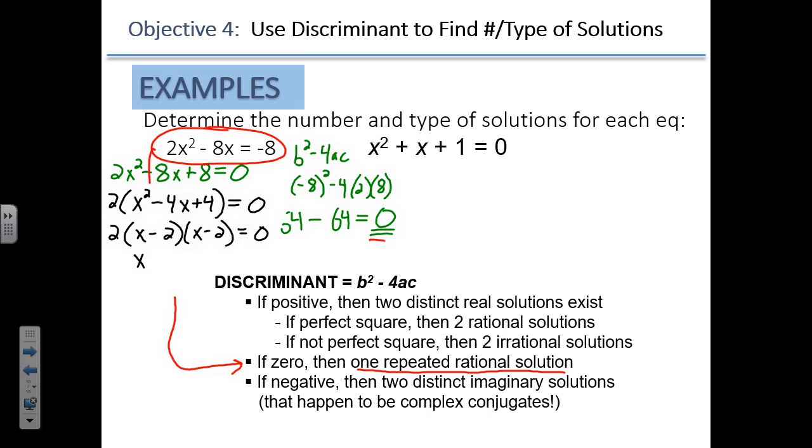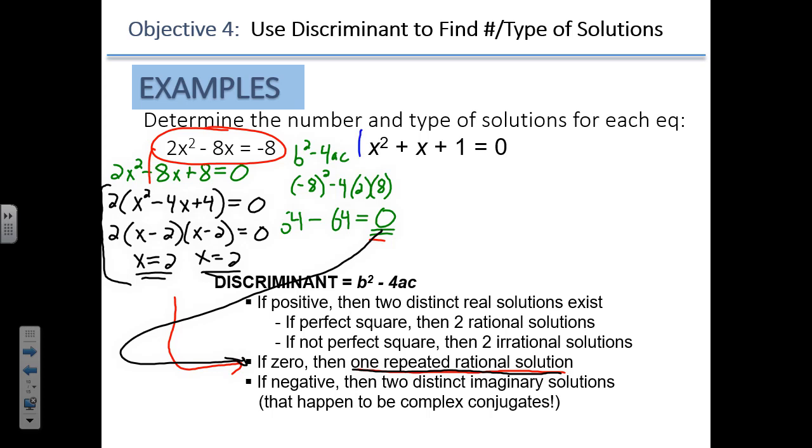They are x equals 2, and the other one is x equals 2. Of course, what did we get? We got the same solution repeated. That's exactly what it said. Because our discriminant was 0, we got one repeated rational solution, and that's exactly what we found. So we didn't need to do this factoring right here. I just wanted to show you that we get exactly what the discriminant says we should get.